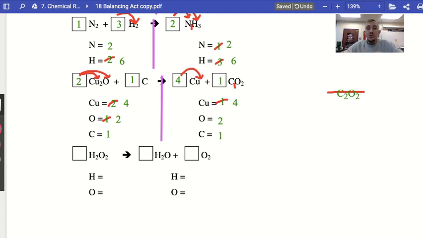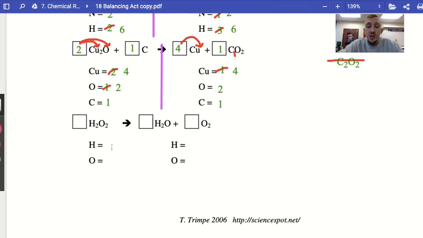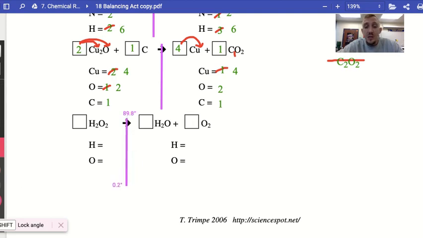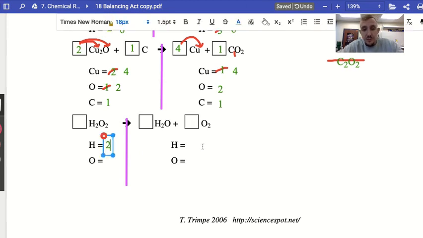Okay, so what I want you guys to do is try this next one. I'm actually going to go over this one because there is something tricky about this, but it's not that hard. So if we look at my hydrogens and oxygens, I should have 2 and 2.